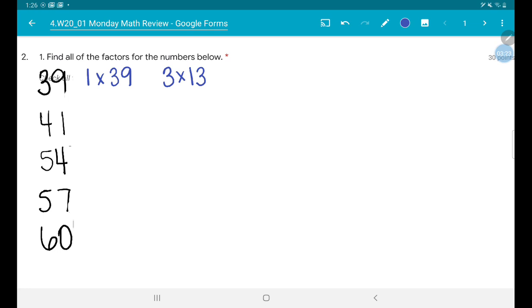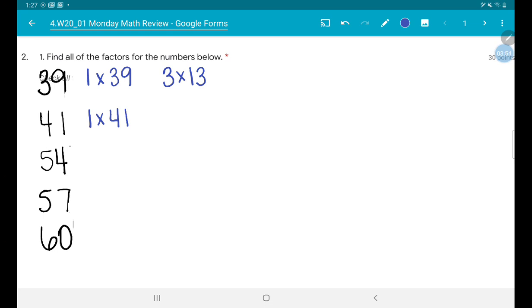Let's look at 41. What am I going to start with for 41, Tommy? 1 times what? 1 times 41. Very good. So I need to check 1 and 41. Is 2 going to be a factor? No, it's not even. 3?